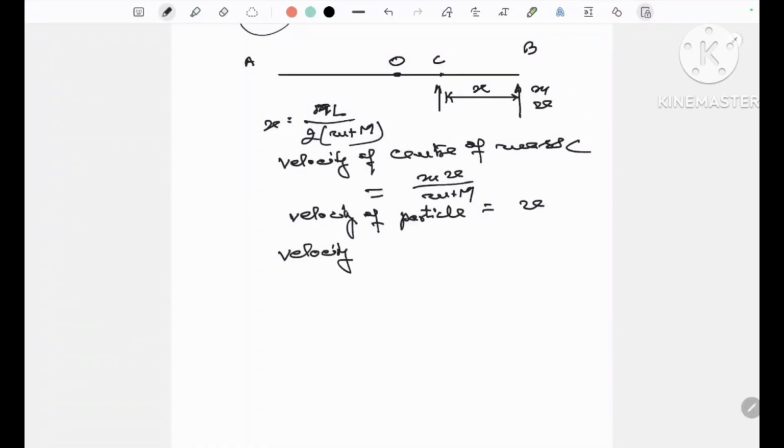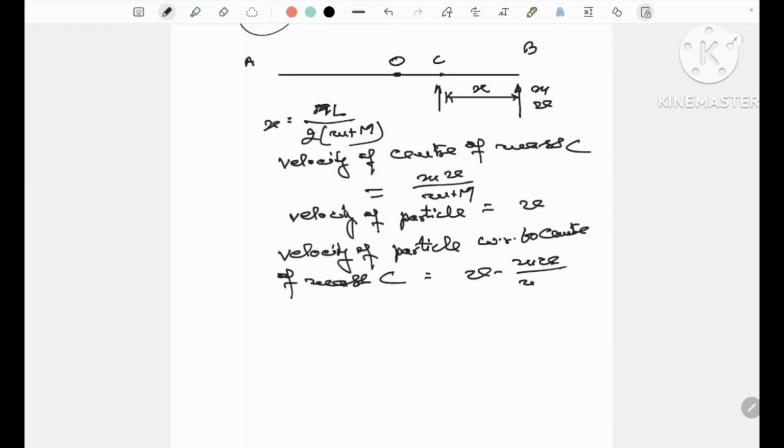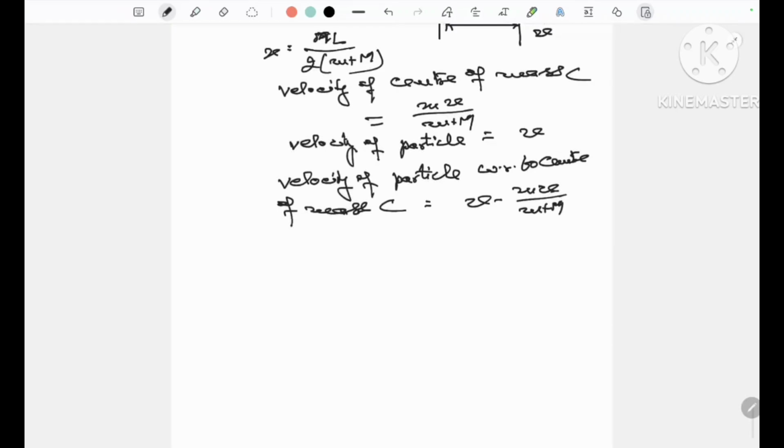Velocity of particle with respect to center of mass C will be v minus mv upon m plus m, or mv upon m plus m. So suppose this is Vp.